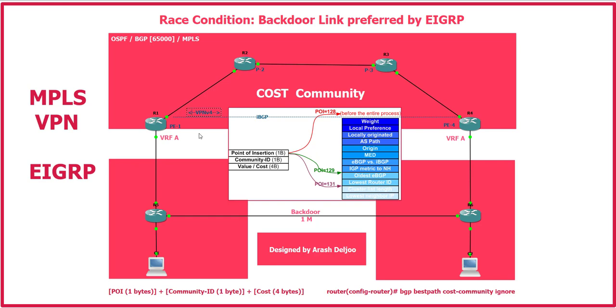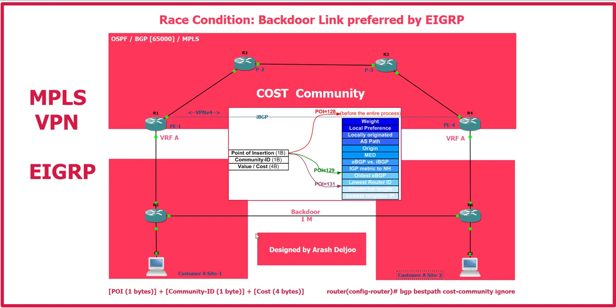And also we have a customer. As you can see, our customer has two sites. For example, this is customer A site 1, and this is customer A site 2. This means our customer has two sites, and here we have only one customer.